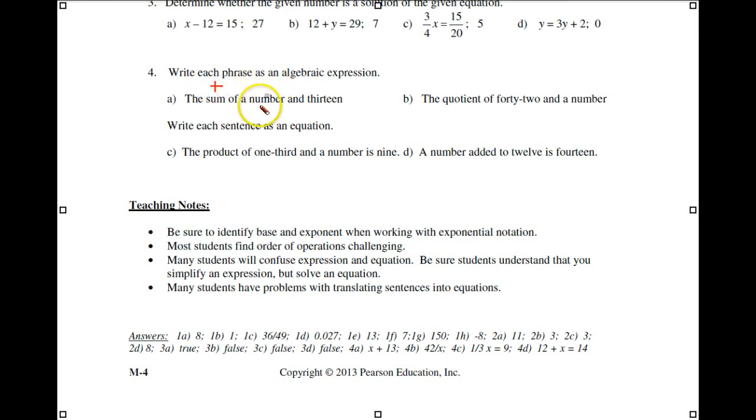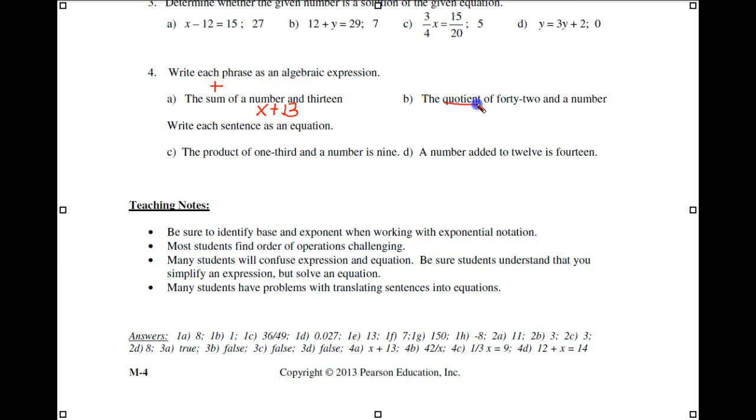And we can use x for the number. We're going to add that number, which we don't know, and 13. So this is a very easy one, but again, you had to identify the word sum.